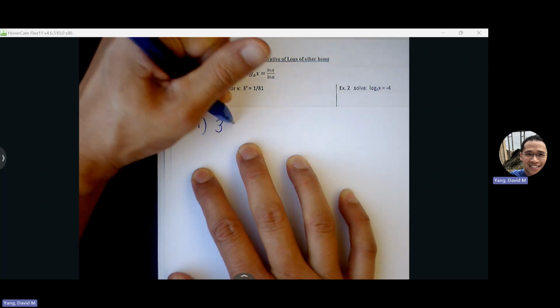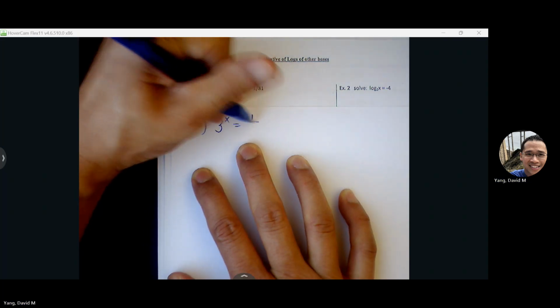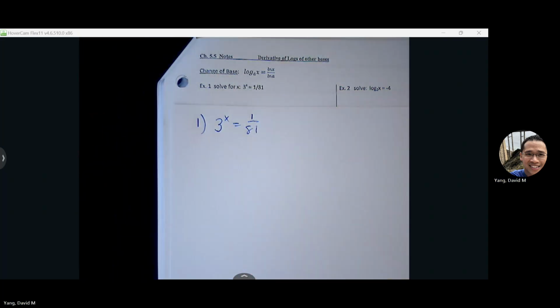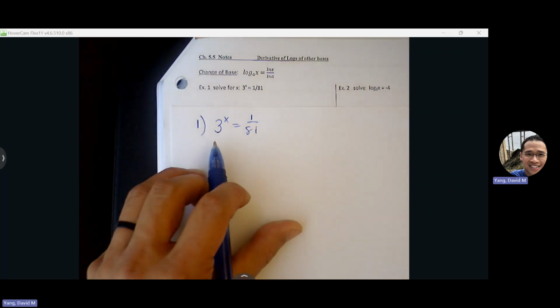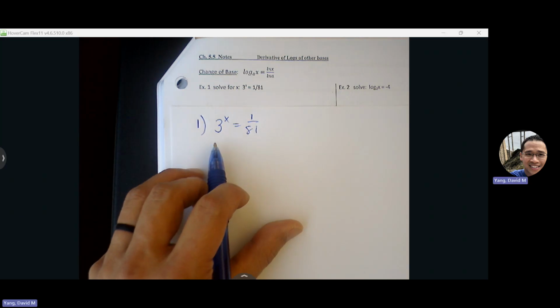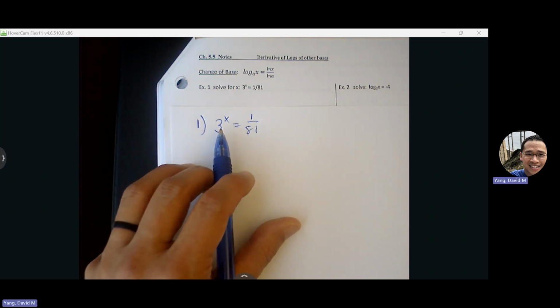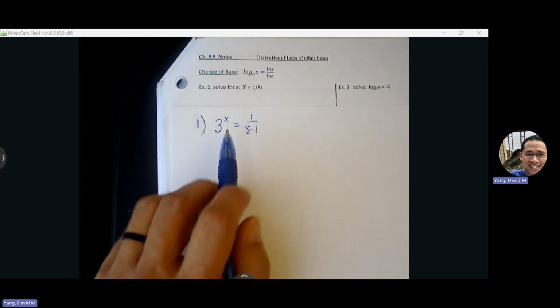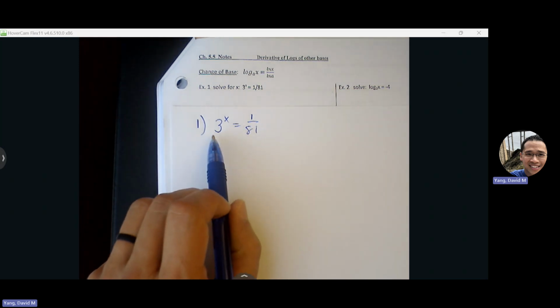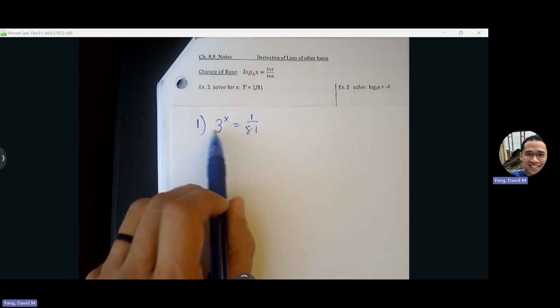If 3 to the x is equal to 1 over 81, if it was e to the x, I would take the natural log of both sides. But here, I can take log base 3 of both sides because I know that logs and exponentials will cancel each other out.